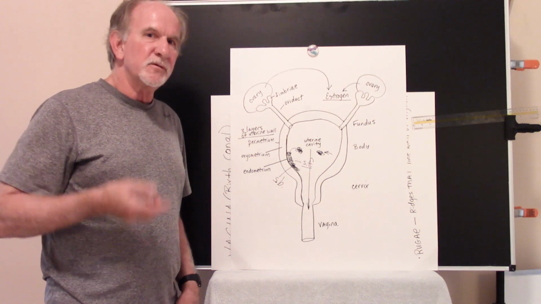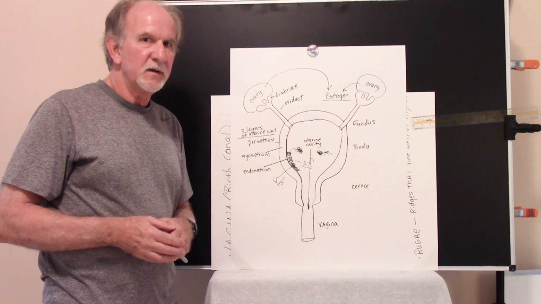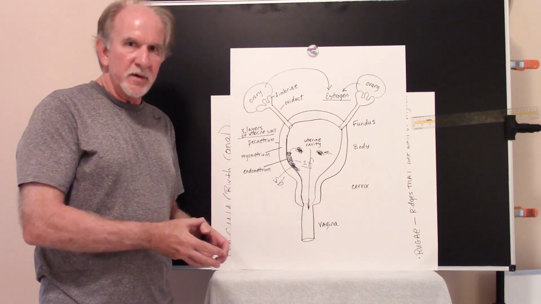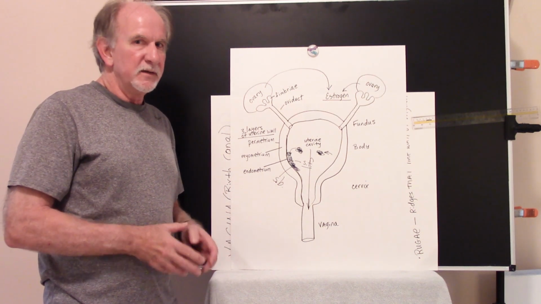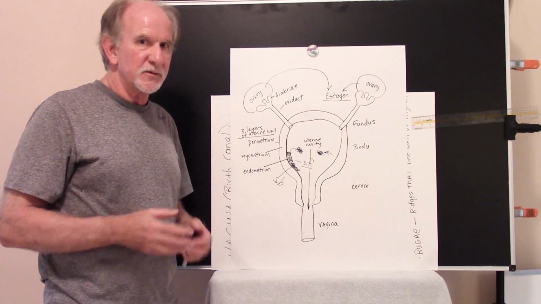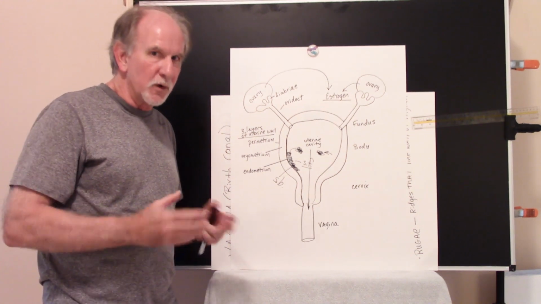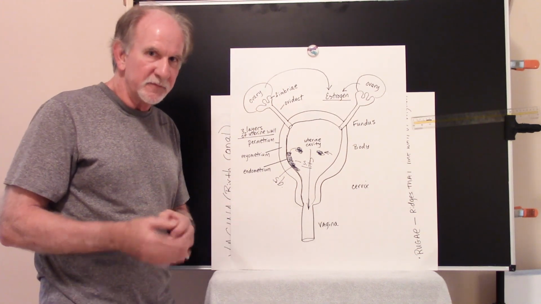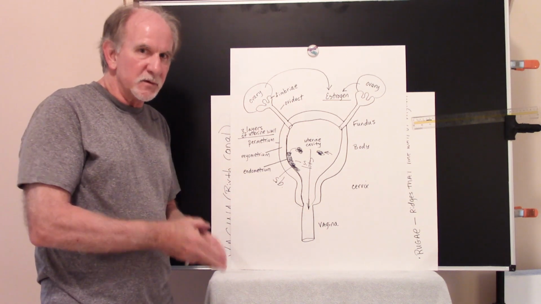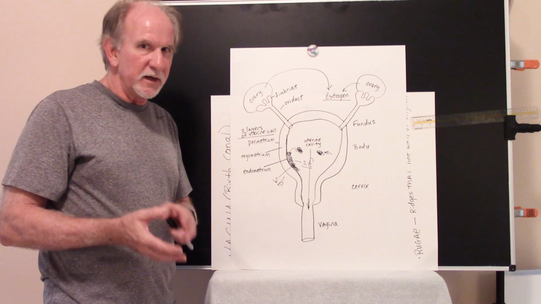So every menstrual cycle, the basal cells grow a functional layer that's shed, and it's shed all the way back to the basal cells. And then we repeat again and again with every menstrual cycle, the basal cells growing the functional layer again.